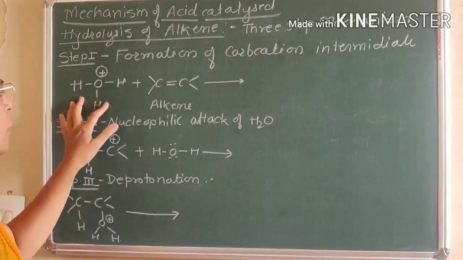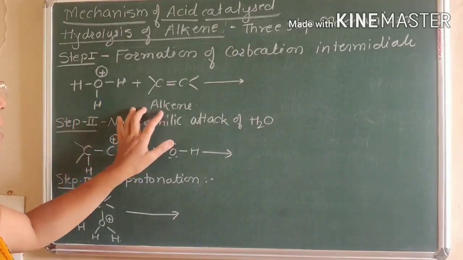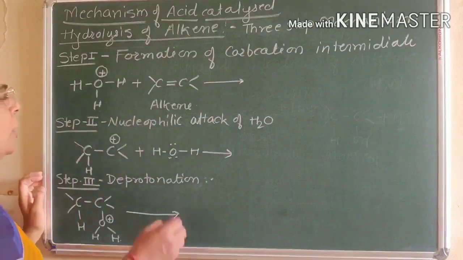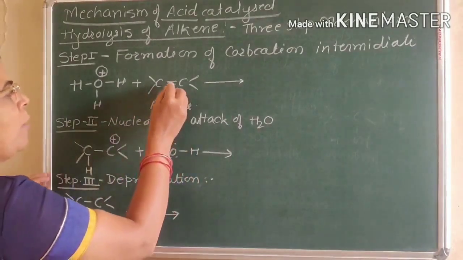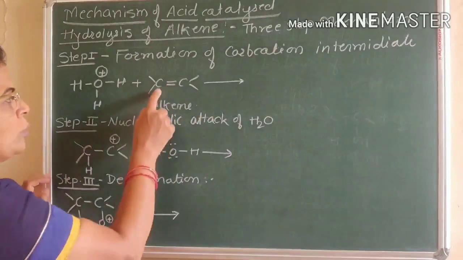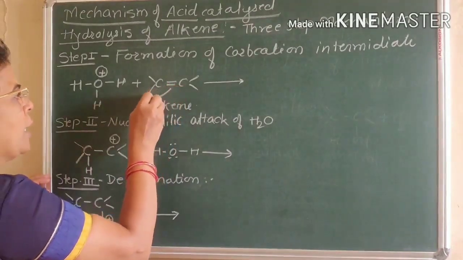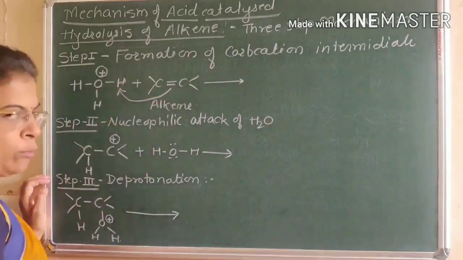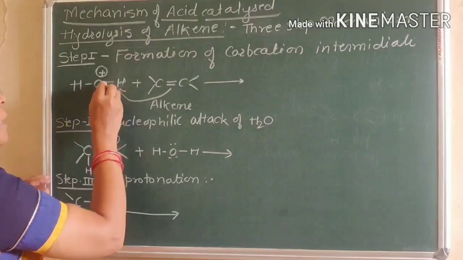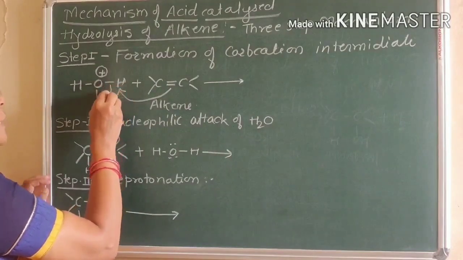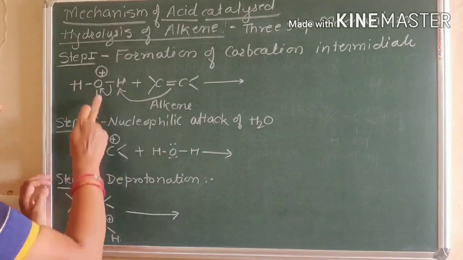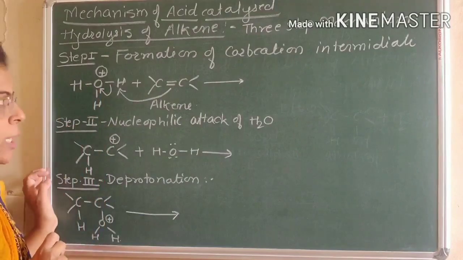Now this H3O plus ion and alkene undergo reaction. How does this reaction take place? The pi electrons of this alkene get attached to this hydrogen atom, and then the OH bond breaks and the bonded electron pair gets shifted onto the oxygen atom.